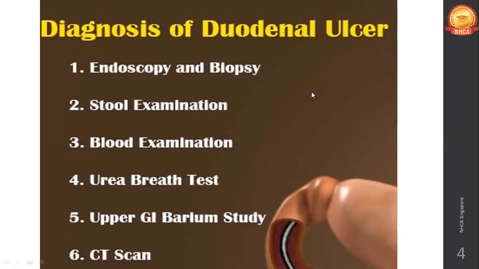Now, the diagnosis of peptic ulcer or duodenal ulcer. Endoscopy can be done. Biopsy can also be done. Endoscopy means you insert a fiber optic device through the mouth. It will go through the esophagus and reach the stomach.